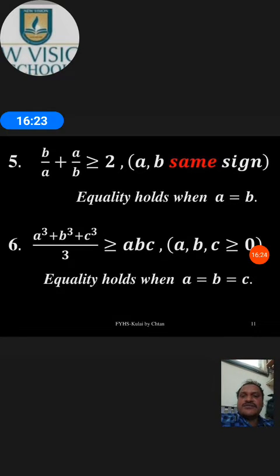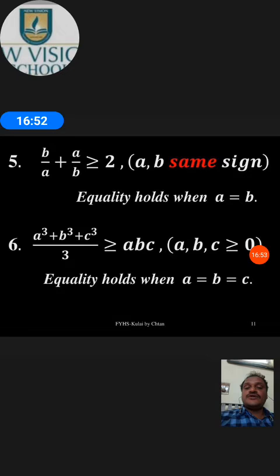That means x plus 1 by x is greater than or equal to 2 into the square root of x into 1 by x; x cancels and it is 2 into 1. Now in the place of x you can take a by b, then we get this inequality, and equality holds when a equals b.